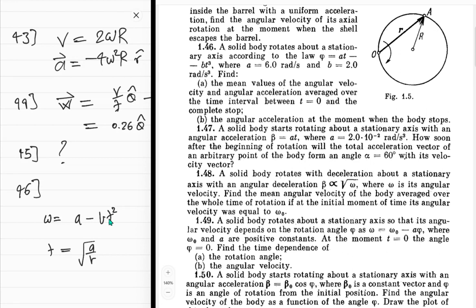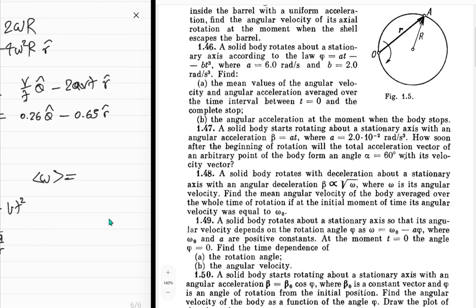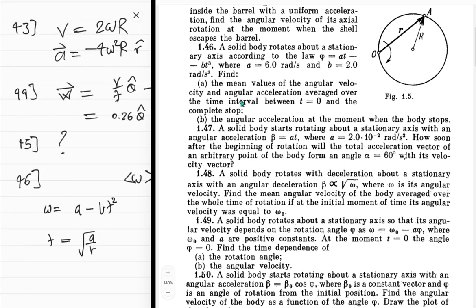And we want, first of all, the mean angular velocity. So omega average will be the phi in that time, which is just at minus bt cubed, and that upon the time, so just a minus bt squared. Oh wait, it's not supposed to be like this. Little bit of mistake, sorry. Omega is supposed to be a minus 3bt squared.